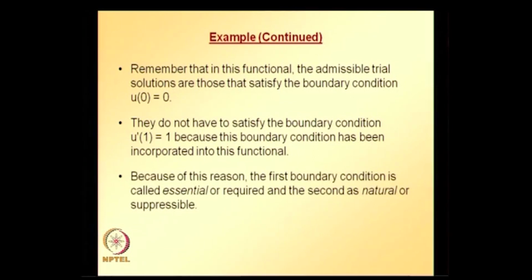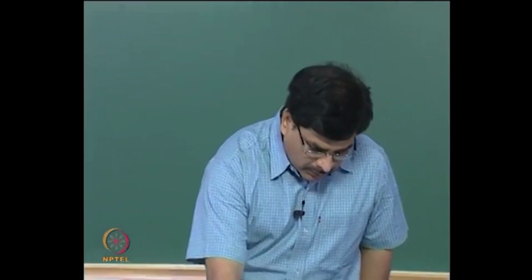Because of this reason, the first boundary condition is called essential, that is the trial solution has to satisfy it at any cost, and the second is called natural boundary condition or suppressible boundary condition. The first boundary condition is also called required boundary condition, and you will understand these better once we look at one more problem.